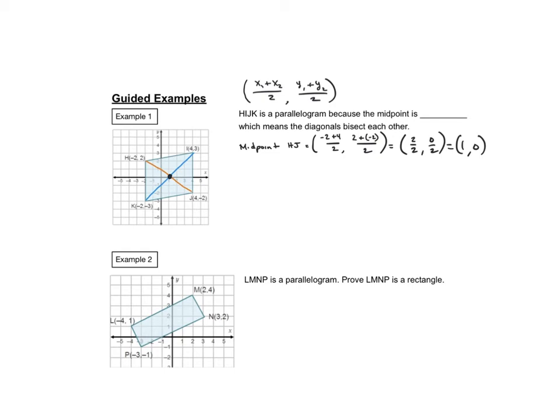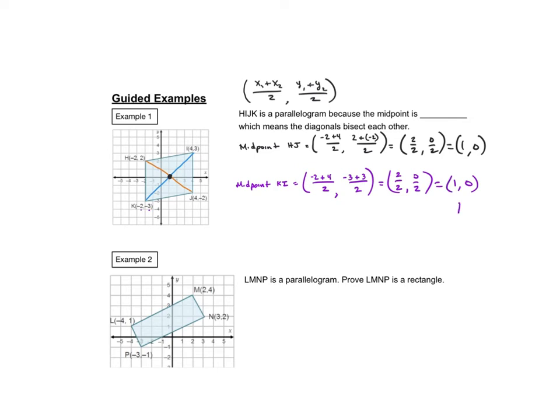Then doing the same thing for KI, the midpoint of KI is going to be negative 2 plus 4 over 2, and then negative 3 plus 3 over 2, which simplifies, just like before, to 2 over 2 and 0 over 2, which is (1, 0).